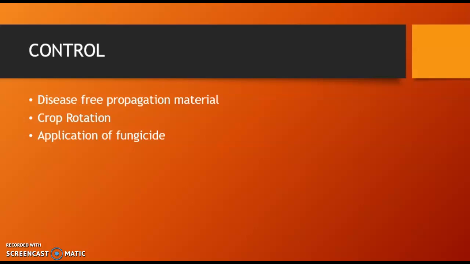Secondly, long crop rotations are recommended. Frequent applications of fungicides are also implemented to prevent this disease. Good control of leaf and stem infections reduces fruit infections both in the field and in storage.